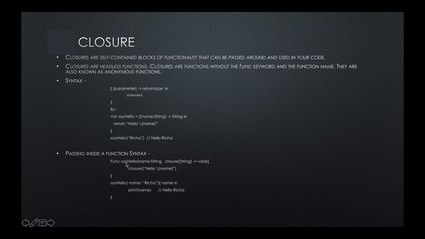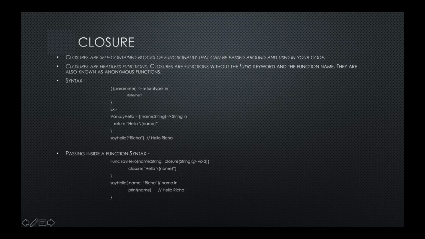And there's another way of writing a closure. It is passing it inside the function. So you'll do it like this. The same thing, but over there it was a variable, and over here it's a function. So func sayHello, and inside the function we have two parameters. One is name String, which is a normal parameter, and another one is the closure parameter.